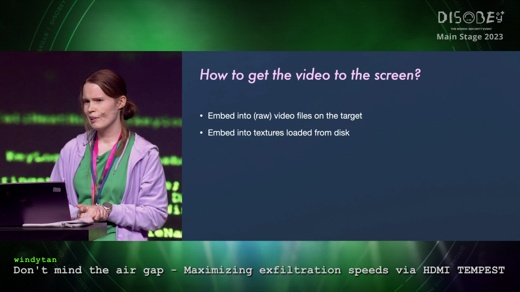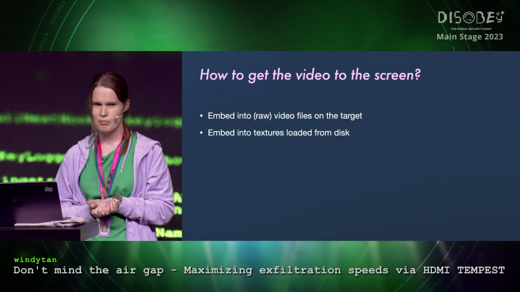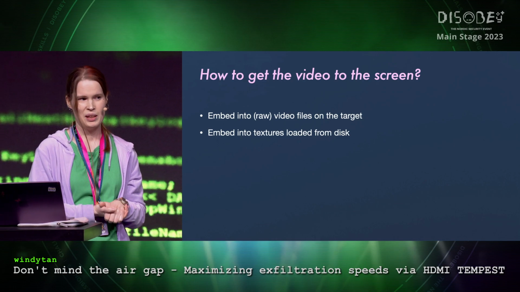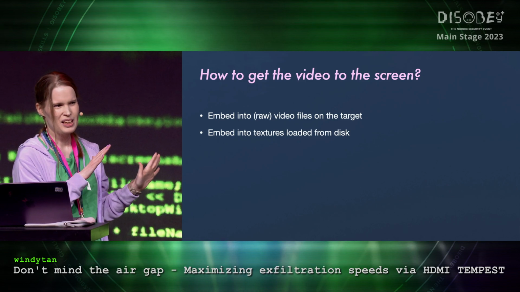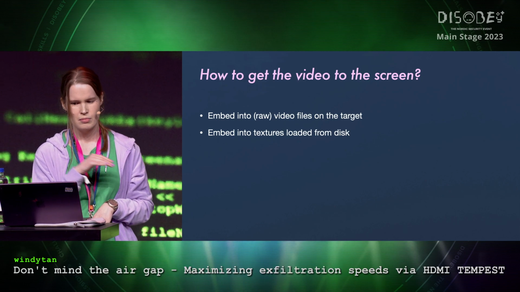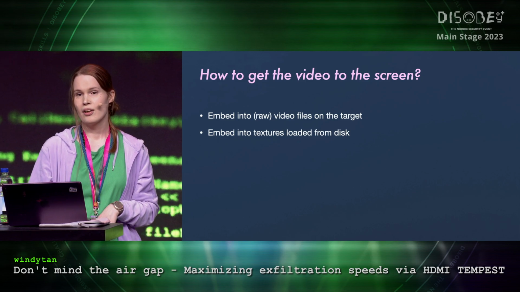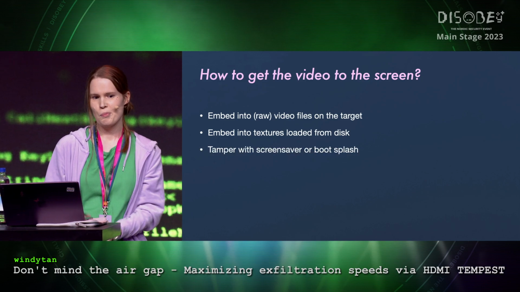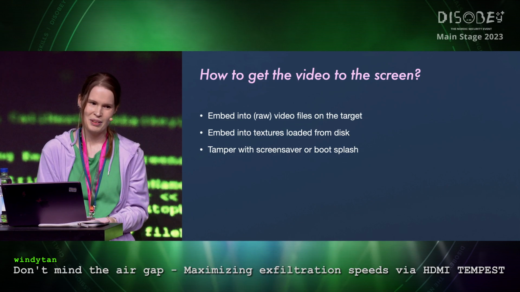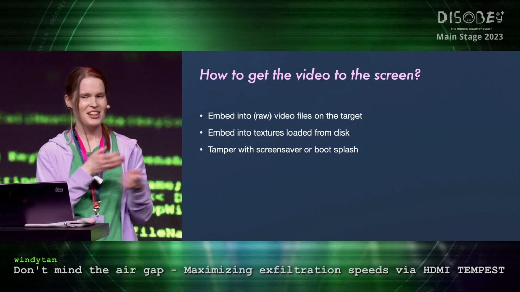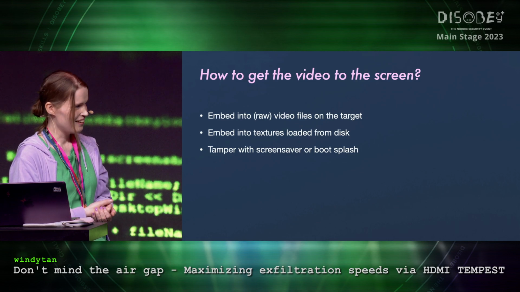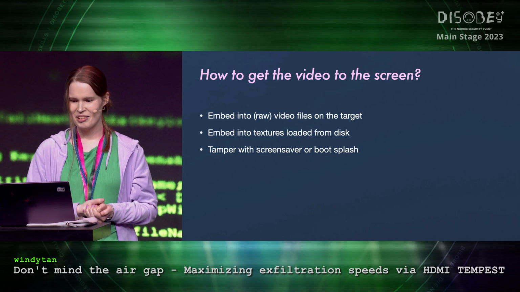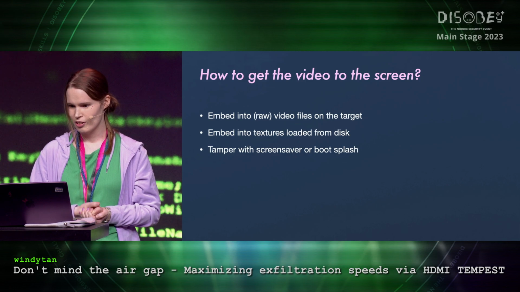If it's a system that loads images or textures from disk, such as an information screen, maybe you could somehow tamper with those. Maybe you could tamper with the screensaver, because screensavers are known to contain all kinds of wacky graphics, so nobody will bat an eye if there is a little bit of Tempest exfiltration going on.